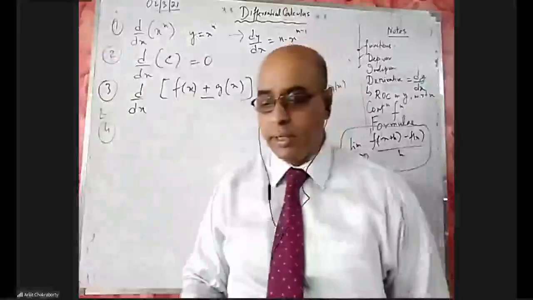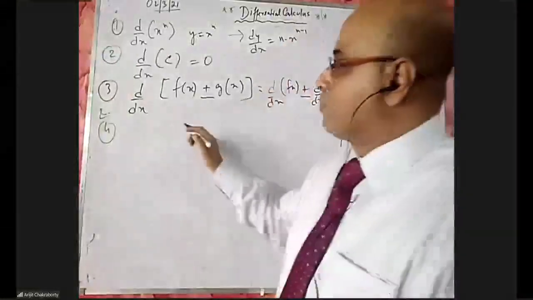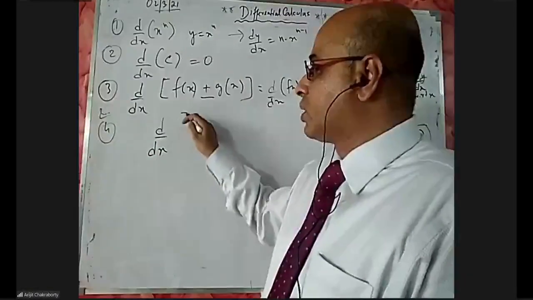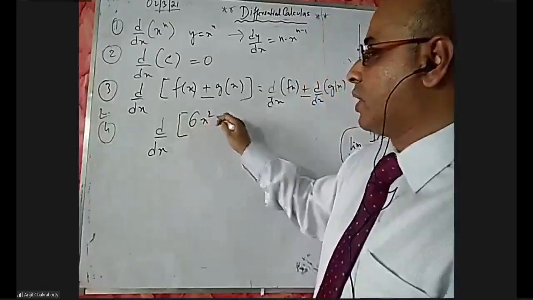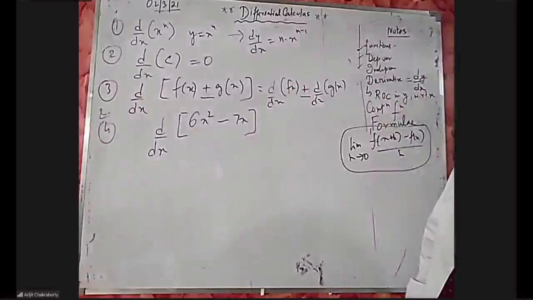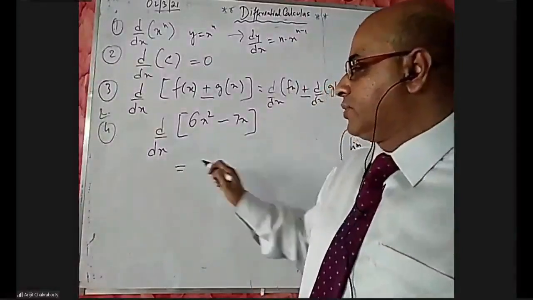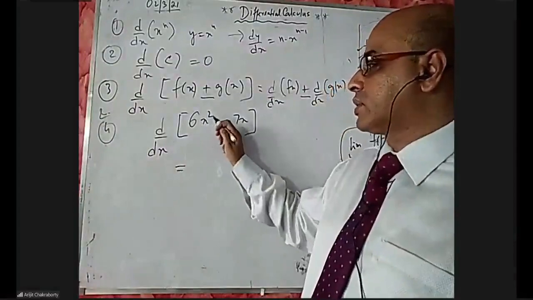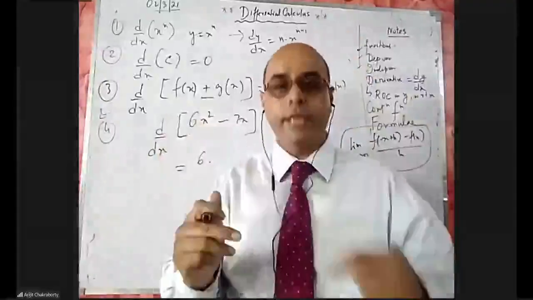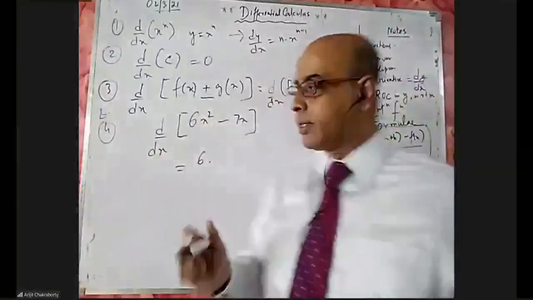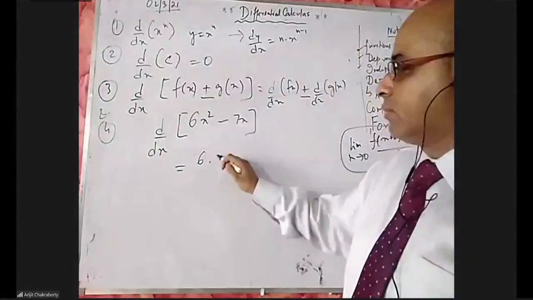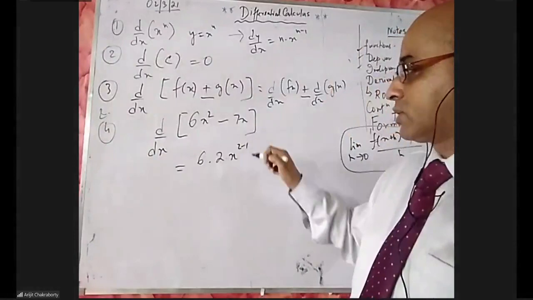Let me take an example. Say you have to find the differential coefficient of 6x squared minus 7x. The differential coefficient is equal to 6x squared: 6 will remain as it is, x squared is x to the power n, so it will become nx to the power n minus 1, that is 2 into x to the power 2 minus 1.